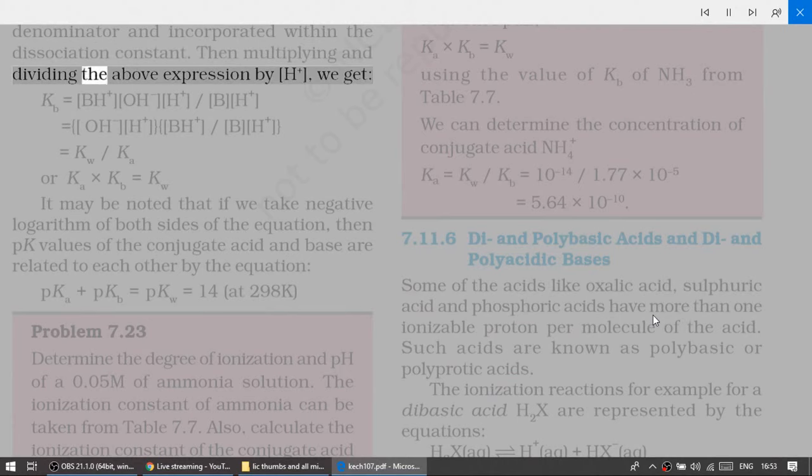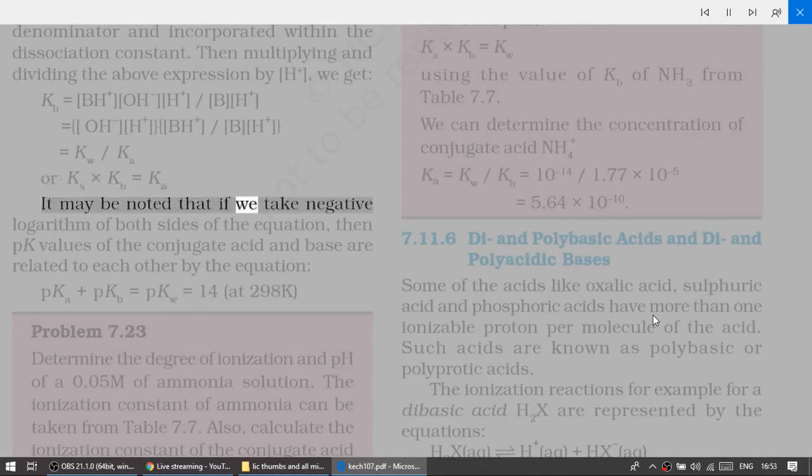Then multiplying and dividing the above expression by [H+], we get Kb = [BH+][OH-][H+]/[B][H+] = [OH-][H+] × [BH+]/[B][H+] = Kw/Ka, or Ka × Kb = Kw.